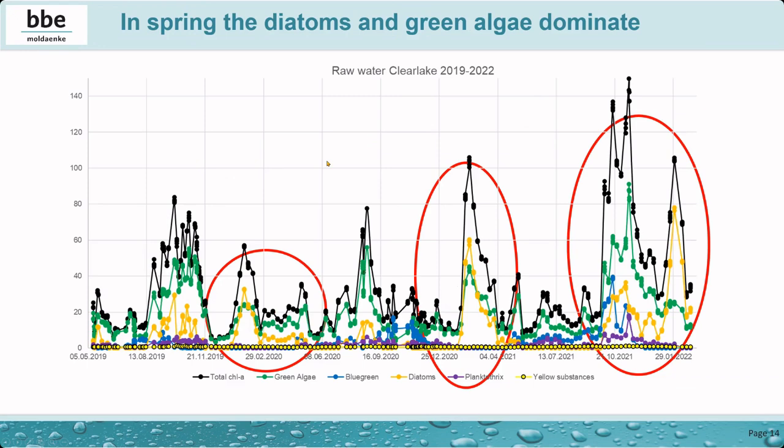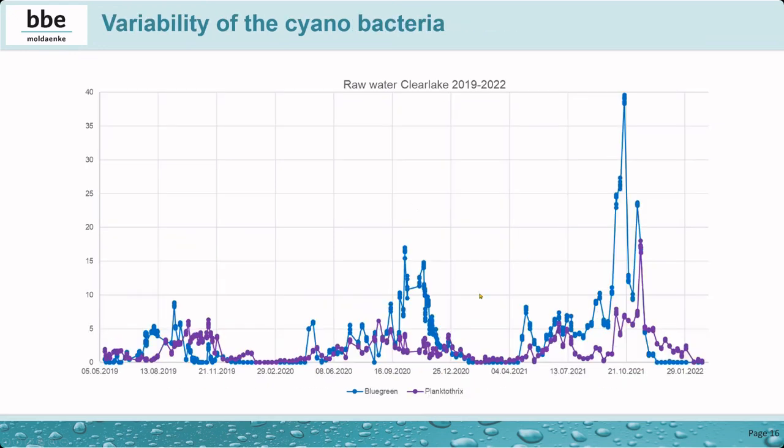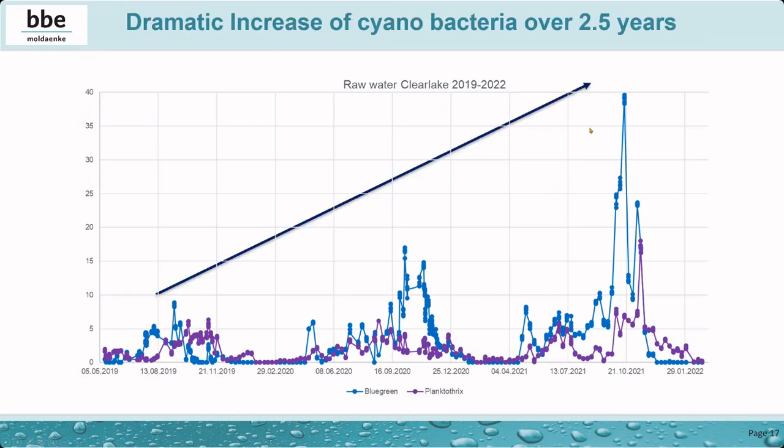In Australia it would be the opposite, and then you typically have the cyanobacteria in the more autumn area of the year. So it starts with diatoms and green algae, and afterwards the blue-green algae start. If you look at the variability of the cyanobacteria, it has an increase of 4 times higher within the years, and that's a dramatic increase of the toxic compounds in this lake.